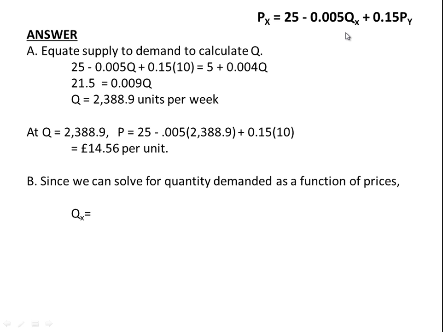And the way we do that, we want to say that Qx is equal to something, and what we're doing is effectively adding Qx to both sides and subtracting Px from both sides. And when we do that, we've got Qx is equal to 25 plus 0.15 Py minus Px, all divided through by 0.005.